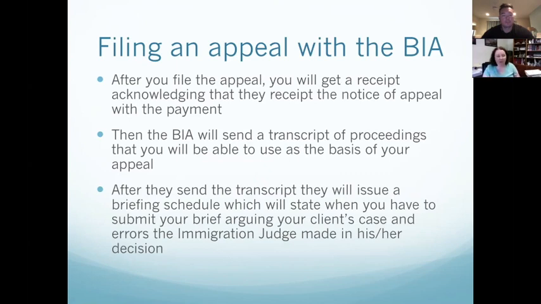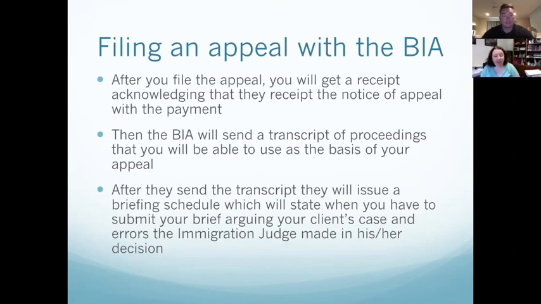If you don't have a copy of that, you either need to FOIA it or you need to get it from the prior attorney if they had a prior attorney. But you will get the transcript, which is everything that was said in immigration court, so that you can go back and look over the testimony, look over the decision, and find issues, hopefully, with the immigration judge's decision that would give the BIA reason to overturn that decision or remand it to the immigration judge.